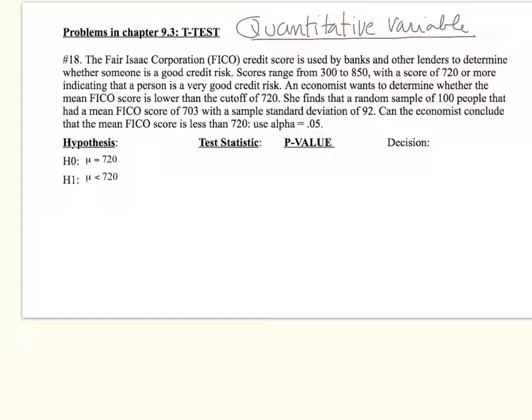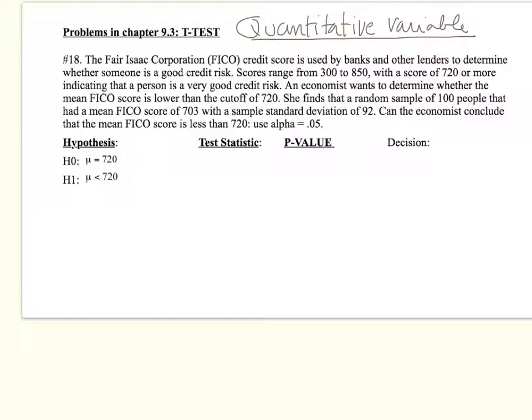The Fair Isaac Corporation, FICO, credit score is used by banks and other lenders to determine whether someone is a good credit risk. Scores range from 300 to 850, with a score of 720 or more indicating that a person is a very good credit risk. An economist wants to determine whether the mean FICO score is lower than the cutoff of 720.